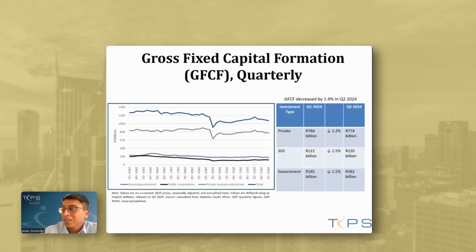That's from 185 billion rand to 182 billion rand for general government investment, and from 121 billion rand to 120 billion rand for investment by public corporations. Over the same period, investments by private businesses also declined by 1.3%, from 784 billion to 774 billion rand in the second quarter.